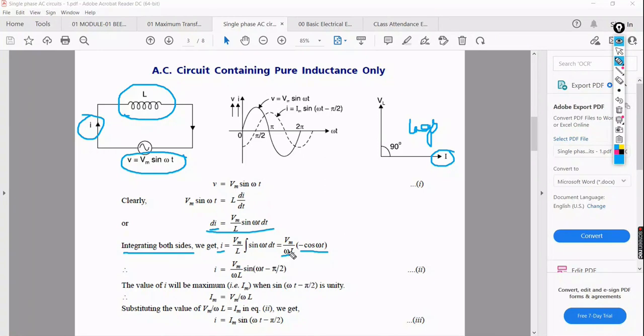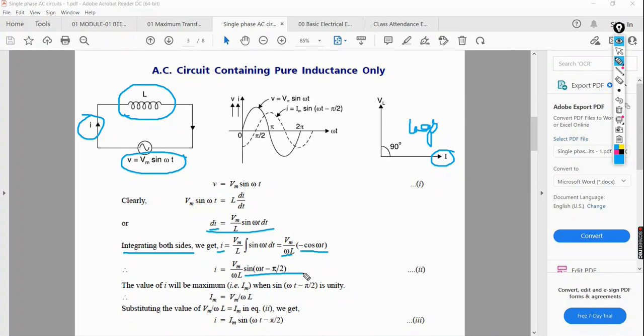Sine of omega t minus pi by 2, because the negative value comes from the trigonometric conversion. So I is equal to Vm divided by omega L into sine of omega t minus pi by 2.